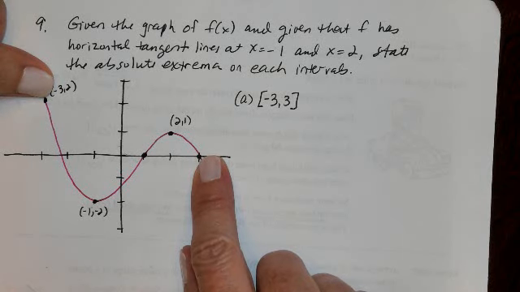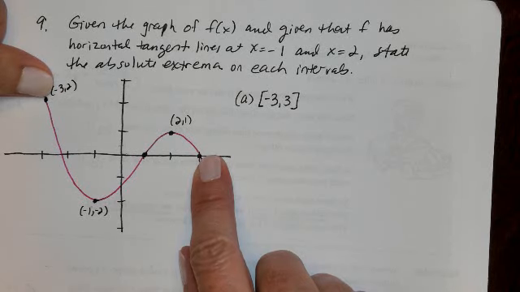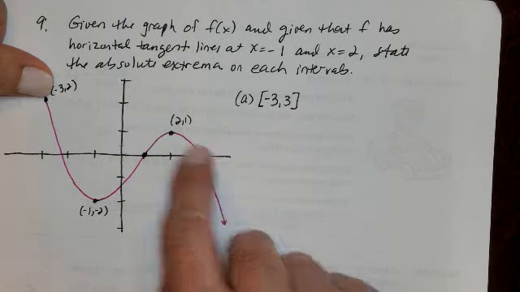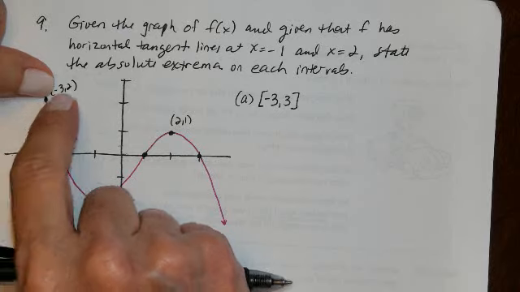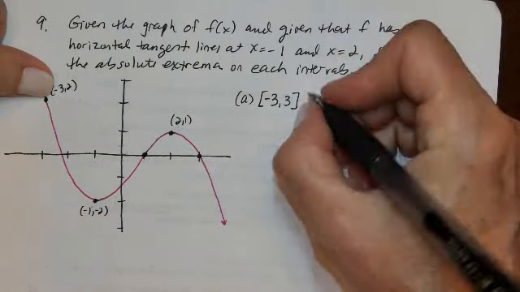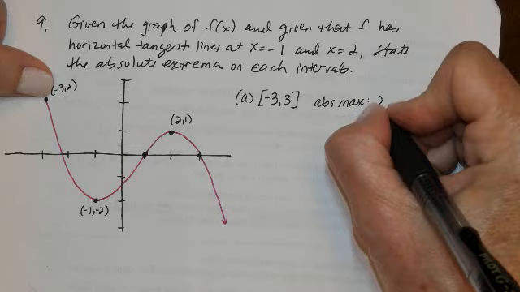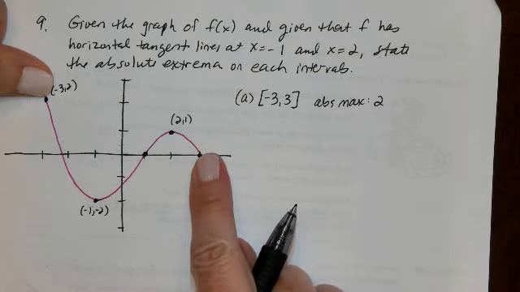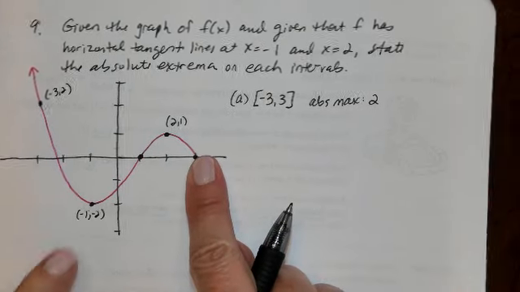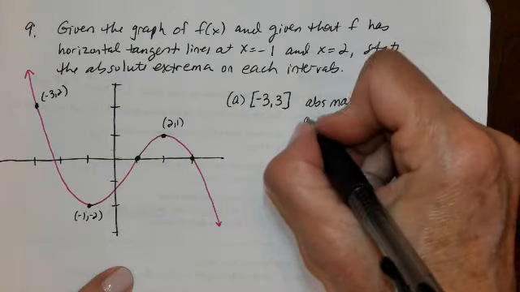What is the absolute max and the absolute min? Well, the absolute max is 2. It's the y value, right? What's the absolute min? Well, the absolute min is -2.